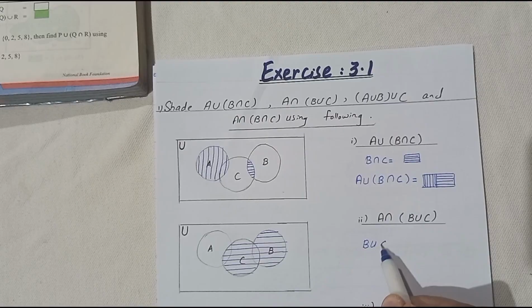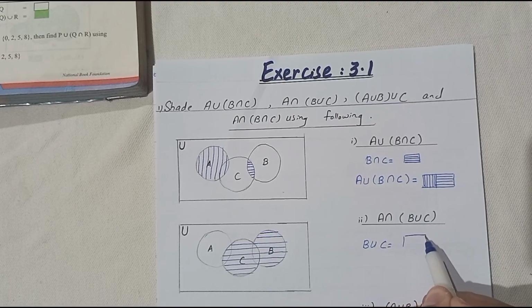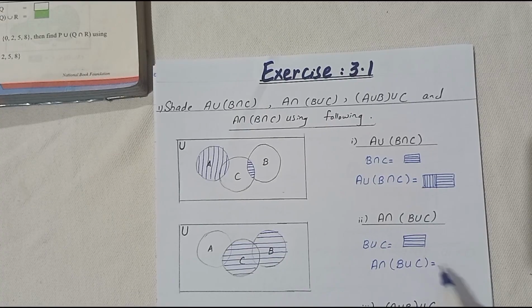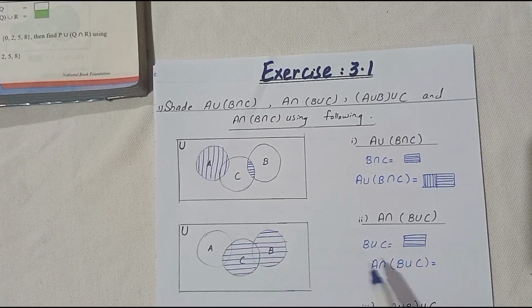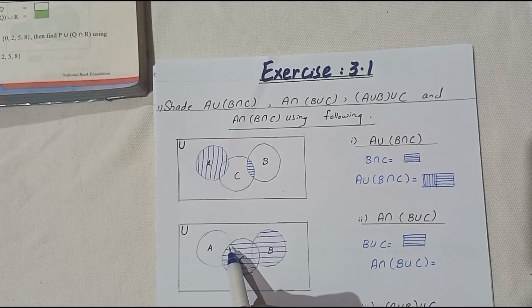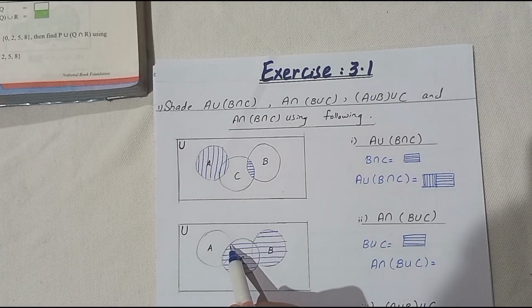Now A intersection B union C. B union C is equal to the horizontal lines that we represented, and A intersection B union C is the common part between A and that shaded part. The common part between A and that shaded part is that part. I can highlight it.